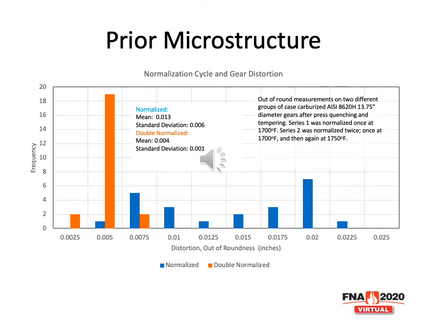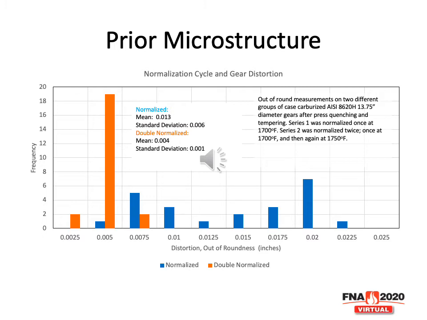The prior microstructure can have a big influence on the amount of stresses that you have after heat treatment. For instance, in a study done by Art Reardon at the Gleason Works, he took 8620 carburized gears, roughly 14-inch diameter, and he measured the distortion before and after press quenching. He normalized one series once.